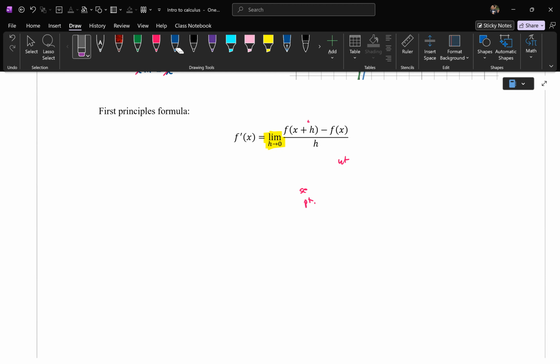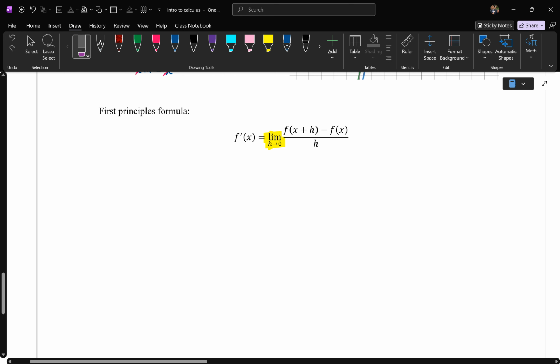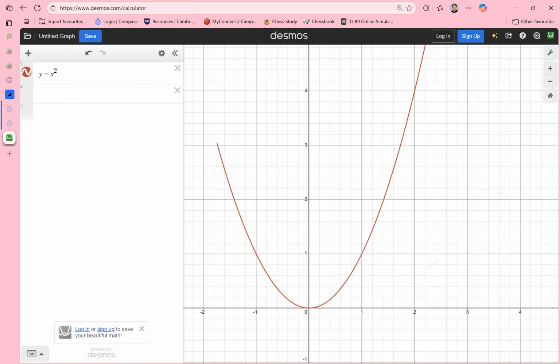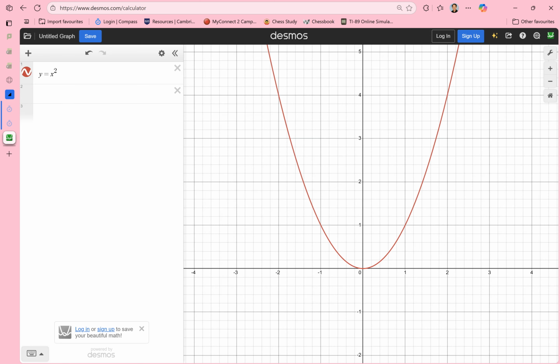So what was the problem I gave to you guys before? This is what I gave to you. I'm going to put on Desmos so you can visualize. Here's your y equals x squared. That's your function. You told me when x is 2, y is 4. There's the coordinate, 2, 4.